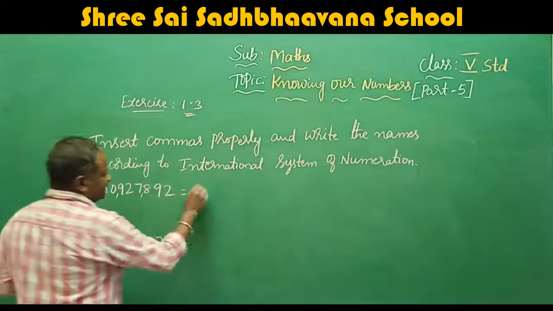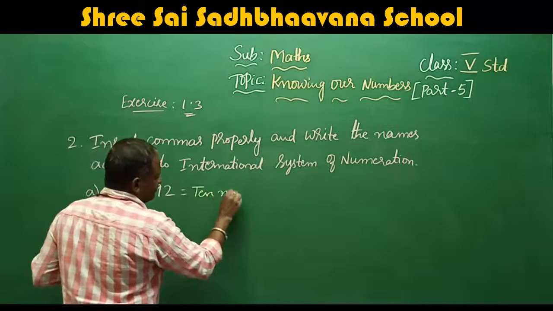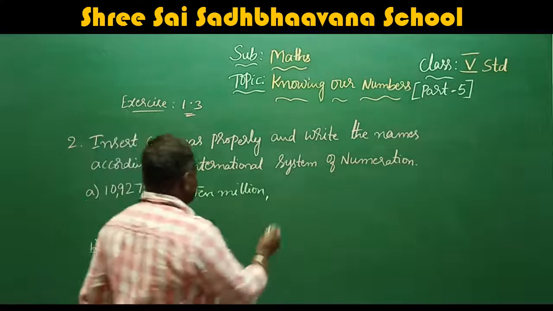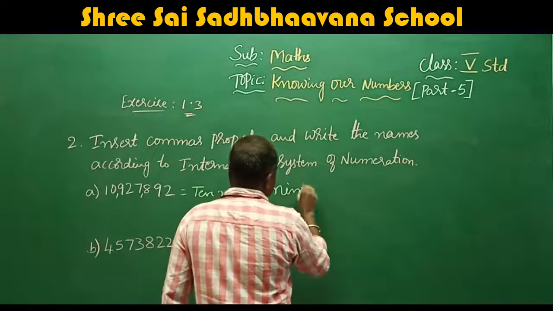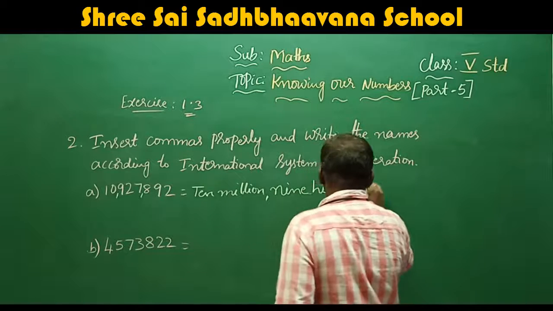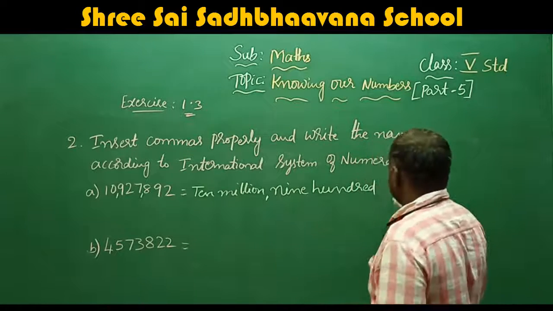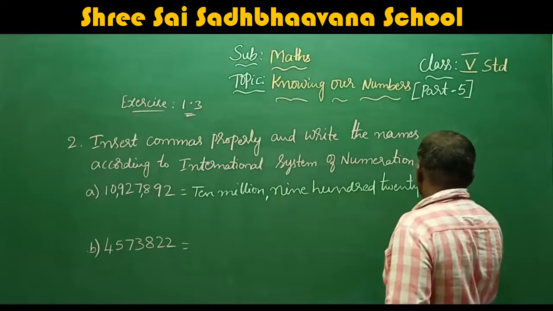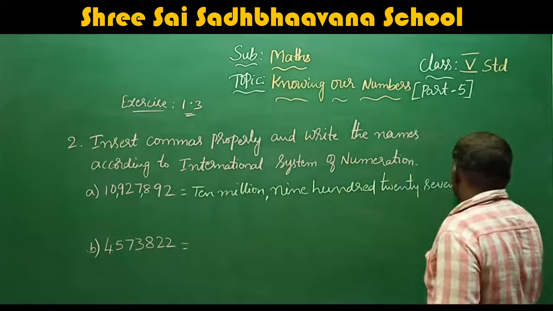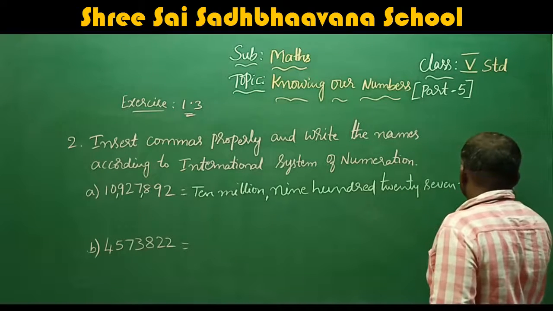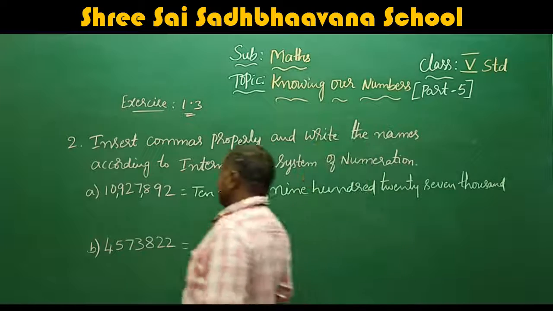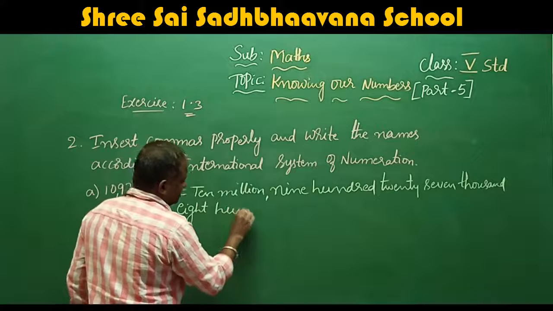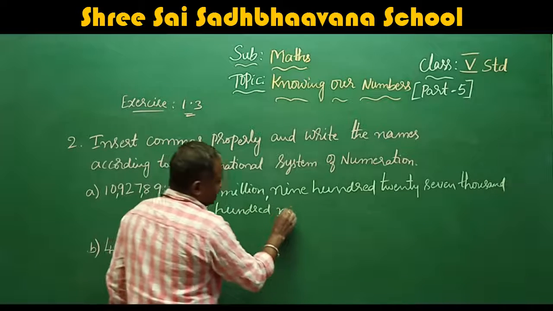So what is this number? I am writing 10 million 927,892.